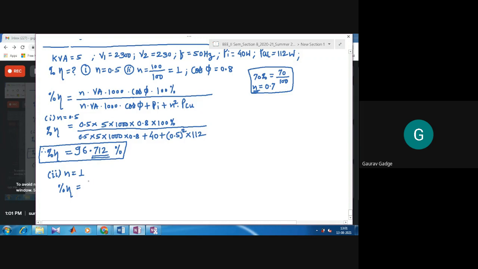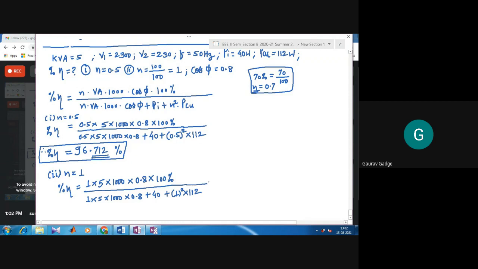So for full load, n is 1 multiplied by the VA rating, same 5 multiplied by 1000 into cos phi, the same value 0.8, into 100%, divided by 1 into 5 into 1000 into 0.8 plus iron loss 40 plus 1 square, because n square, into 112.